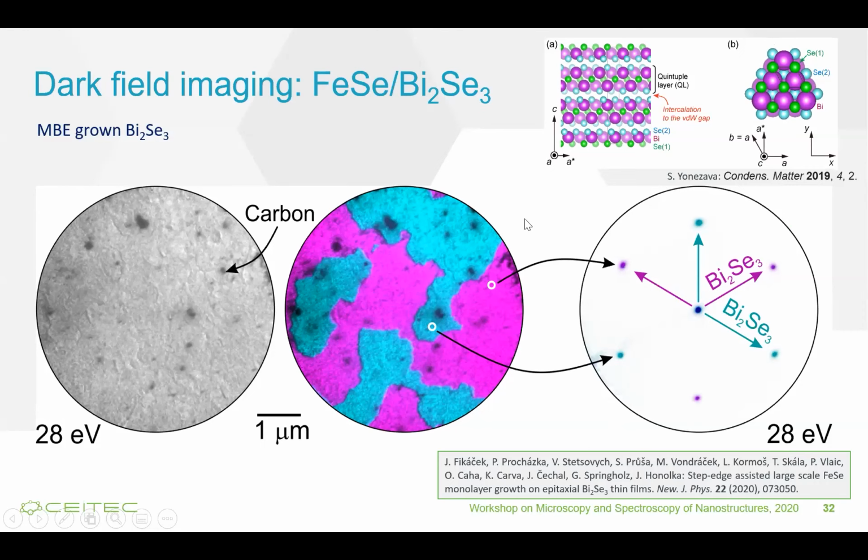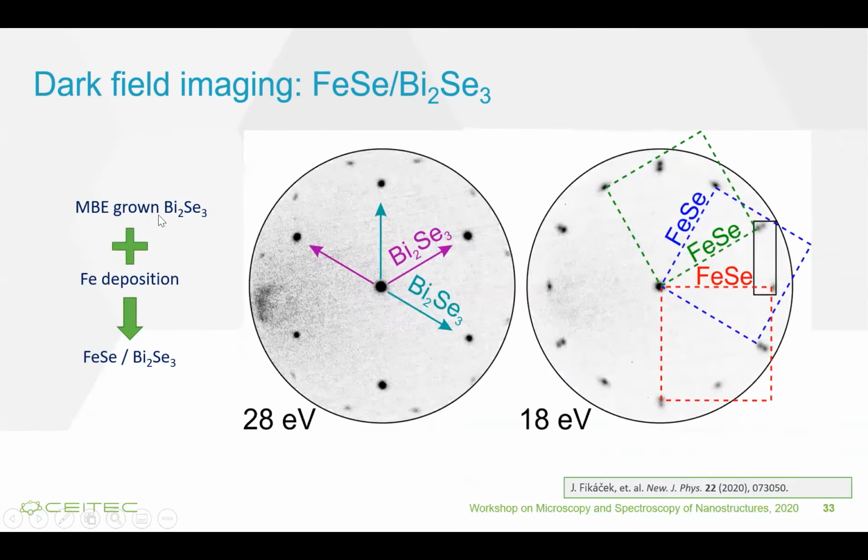But let's come to iron selenide. If we have iron selenide, we take this substrate, deposit iron, and in the resulting structure, we still see the substrate. We can slightly change the energy to see more clearly the overlayer.